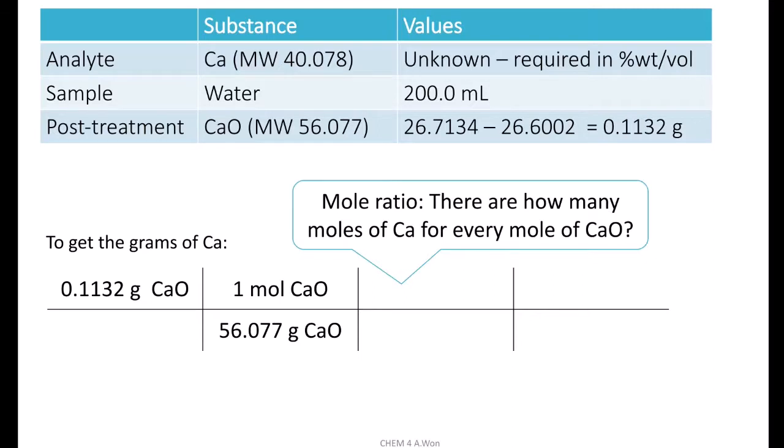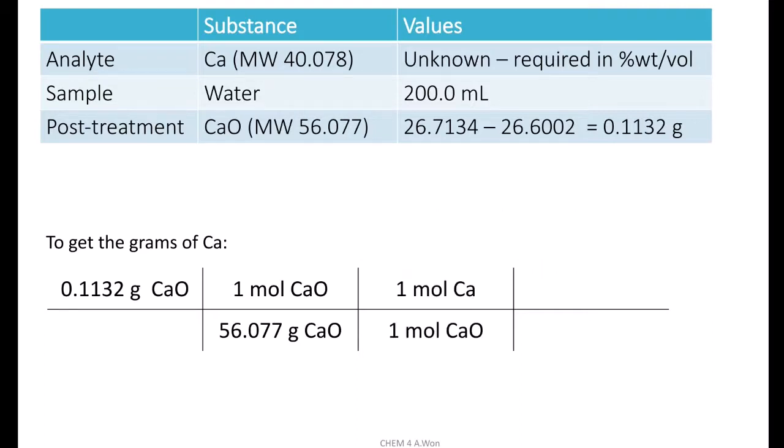So to get the mole ratio, you can simply ask yourself, how many moles of calcium are there for every mole of calcium oxide? So it is obvious that for every 1 mole of calcium oxide, we have 1 mole of calcium. Then next, we also input the molar weight of calcium here. Then solve for the mass of calcium in the sample.